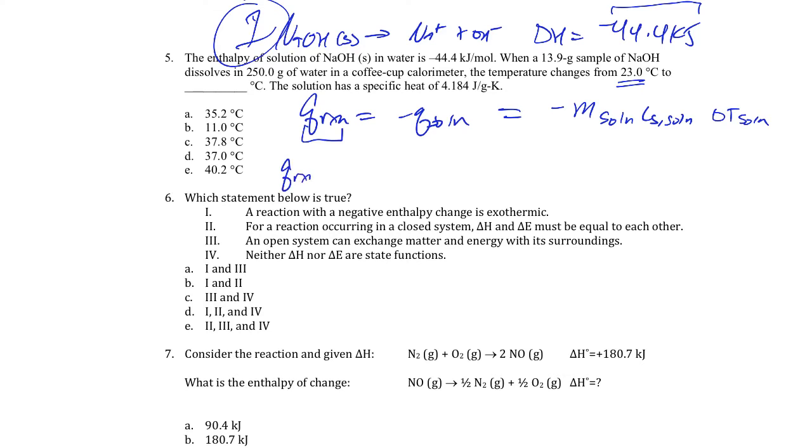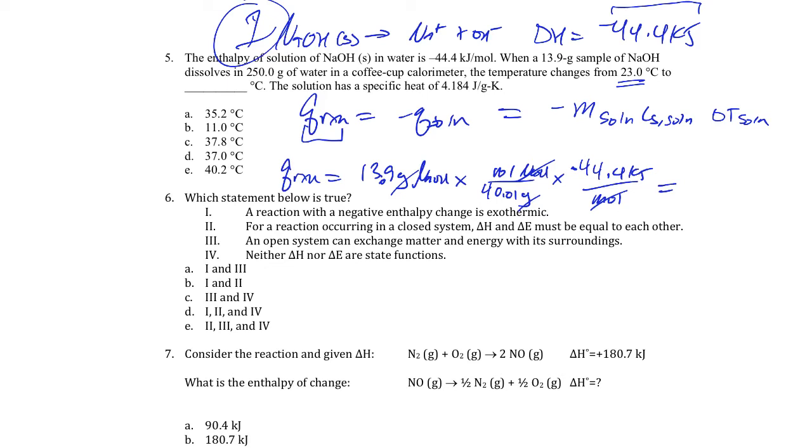So our Q reaction, we can calculate this and say, okay, if we have 13.9 grams of NaOH, and that would be 22.99, so say 23.00 plus 16 plus 1.008, that's 40.01 grams per mole of NaOH, and then we're multiplying by minus 44.4 kJ per mole. Moles cancel, grams cancel. We get the heat released.